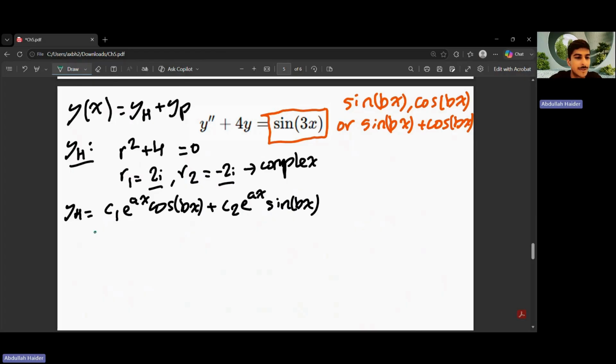So now we substitute whatever we have for a. So basically our a is 0 here, and why? Because a is the real part and we don't have a real part in the roots. So a is 0 and b is the positive coefficient of the imaginary part, which is 2.